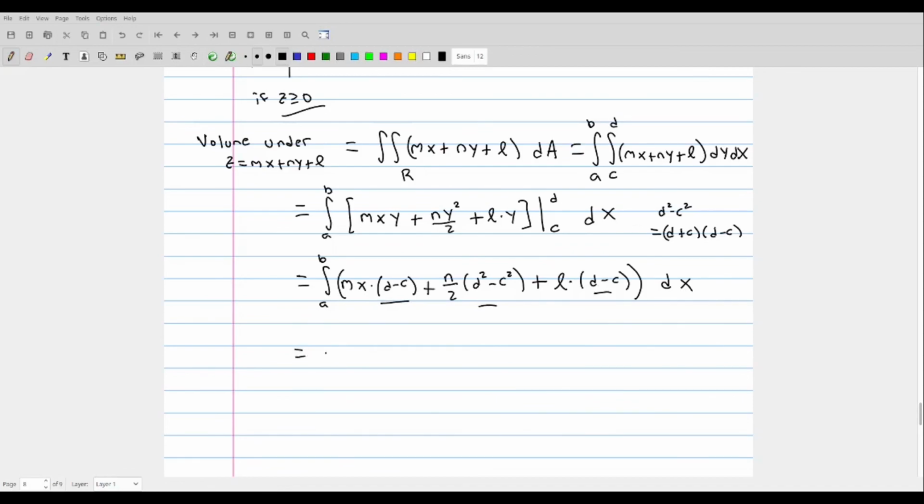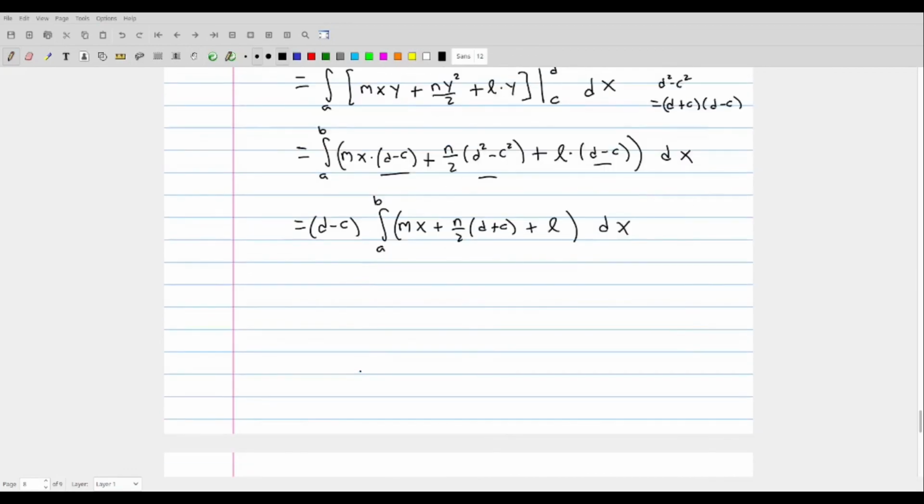So this integral will be the same thing as d minus c times the integral from a to b of mx plus n over 2 times d plus c plus L. It's always nice when you can simplify things as much as possible.